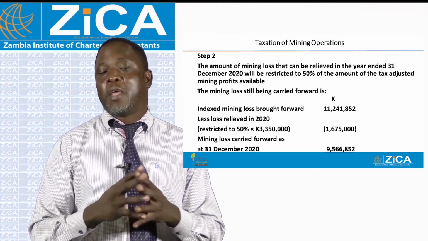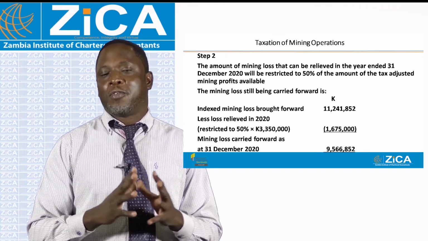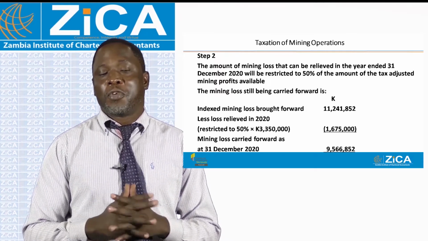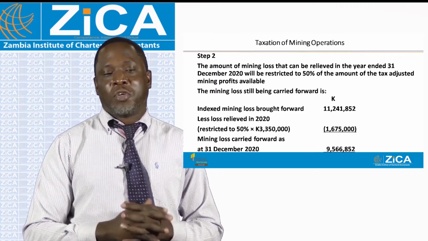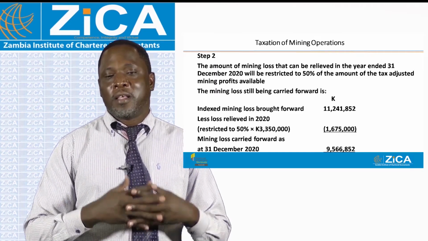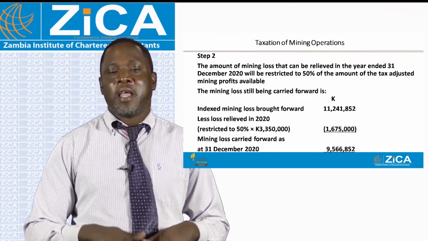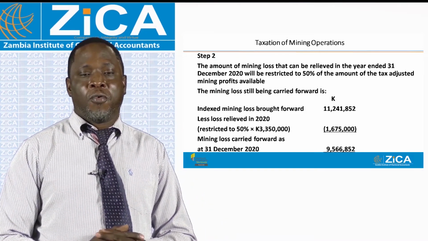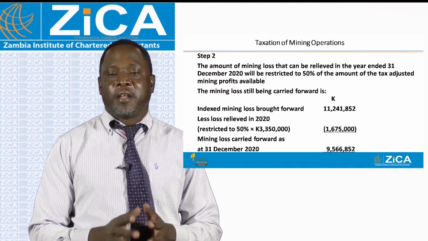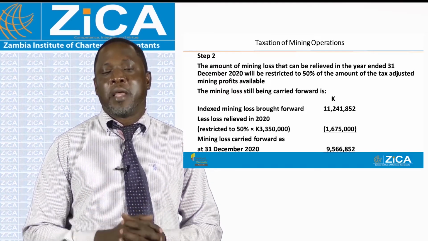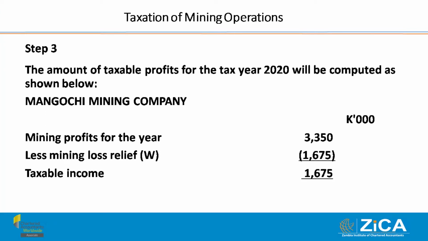So out of the total indexed loss of 11,241,852, the amount which we are going to offset will only be 1,675,000. At the end of the tax year, we will have 9,566,852 loss remaining unrelieved.